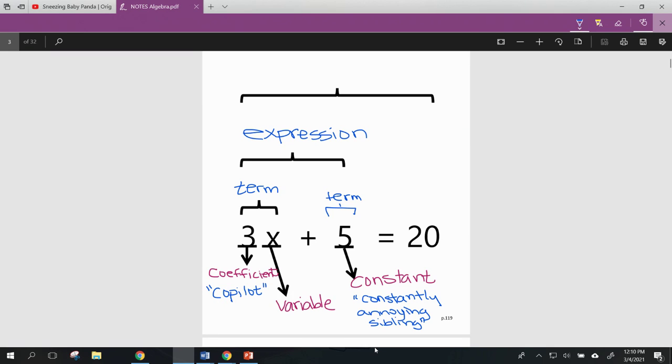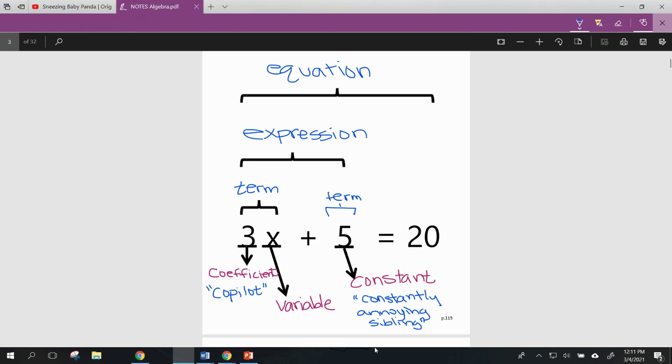What we have here, if we include the entire nugget that we're looking at, 3x plus 5 equals 20. This equals 20 now makes this an equation that we are working with. All right, so if we do not have a comparison symbol, it's an expression. If we have an equal symbol in there, we now have an equation. These are going to be the building blocks as we move forward, learning about expressions, equations, and inequalities.